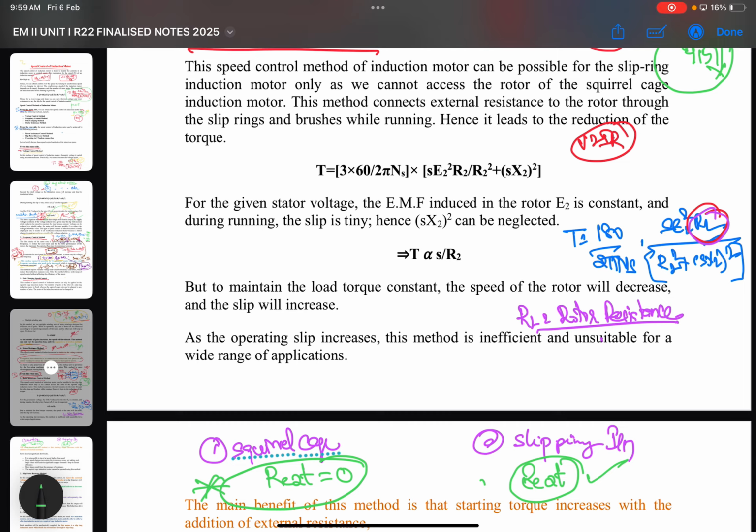Okay. Rotor resistance in the rotor side. These are as per the squirrel cage rotor, and this is the slip ring rotor. So in slip ring, rotor resistance can be added. When rotor resistance is added here, what is the new formula?